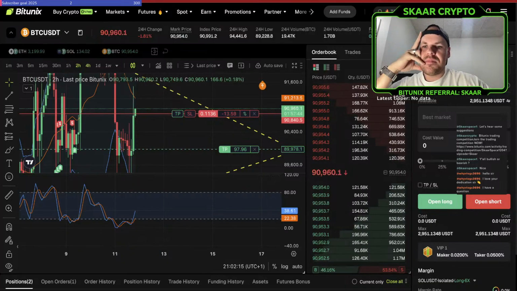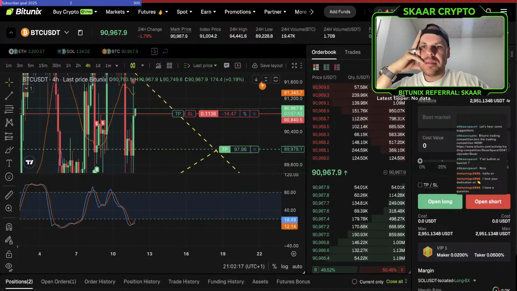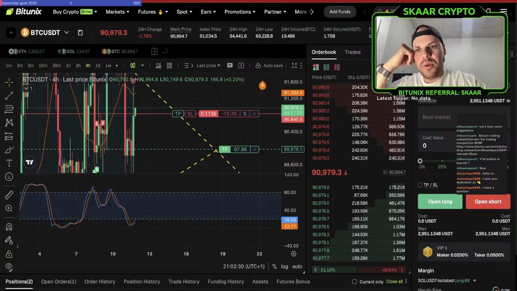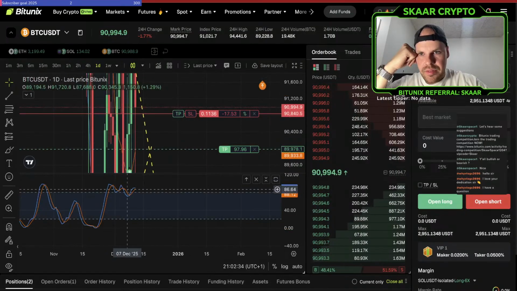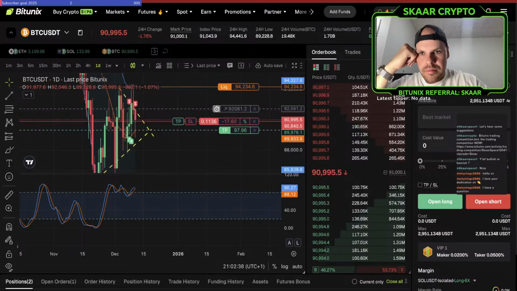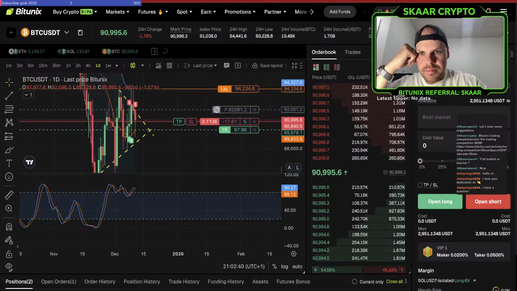So I kind of want to do some research. I think I'm just gonna do 1 full hour of researching and backtracking how stochastic RSI has moved over the last month on these time frames, finding those points where it mismatches, and seeing if I can find any sense to all this madness.